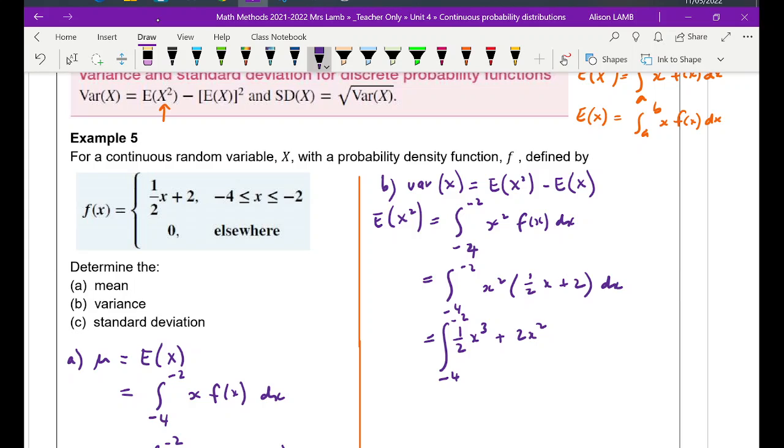So a half x cubed plus 2x squared, and going ahead and integrating will be x to the 4 over 4. So there's a 2 on the bottom, and 2 times 4 means we've got an 8. Plus we've got 2x squared, so we have x cubed over 3. And this is between negative 4 and negative 2.